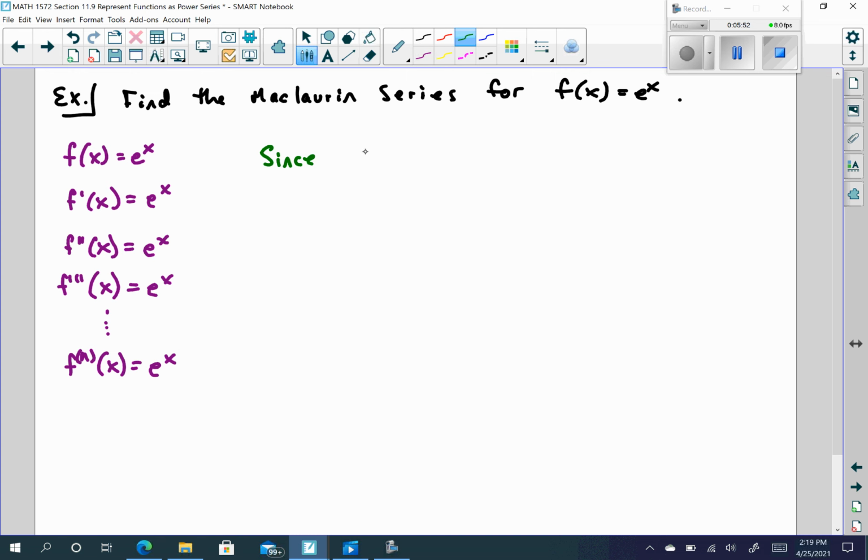So since this is a Maclaurin series, we evaluate this at x equals 0. Because again, a is 0 and we're centered at a, so it's the same thing as saying x equals 0.